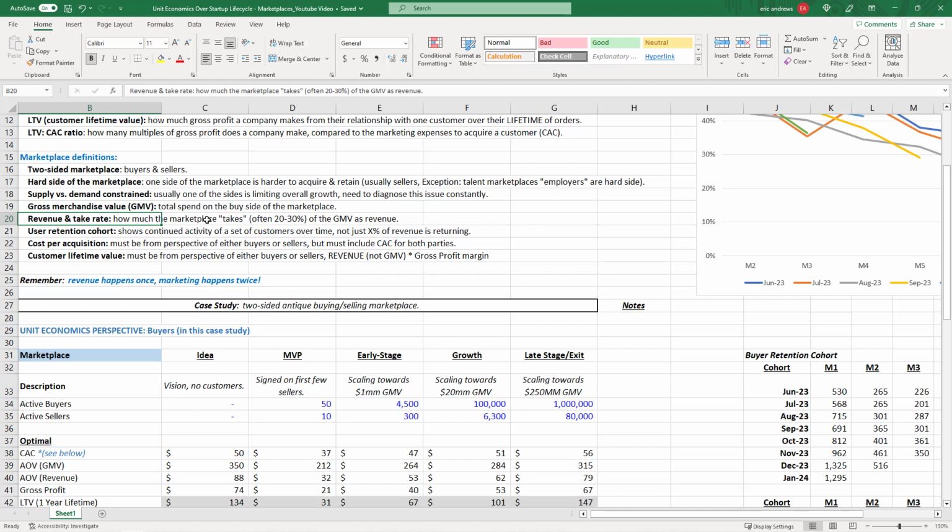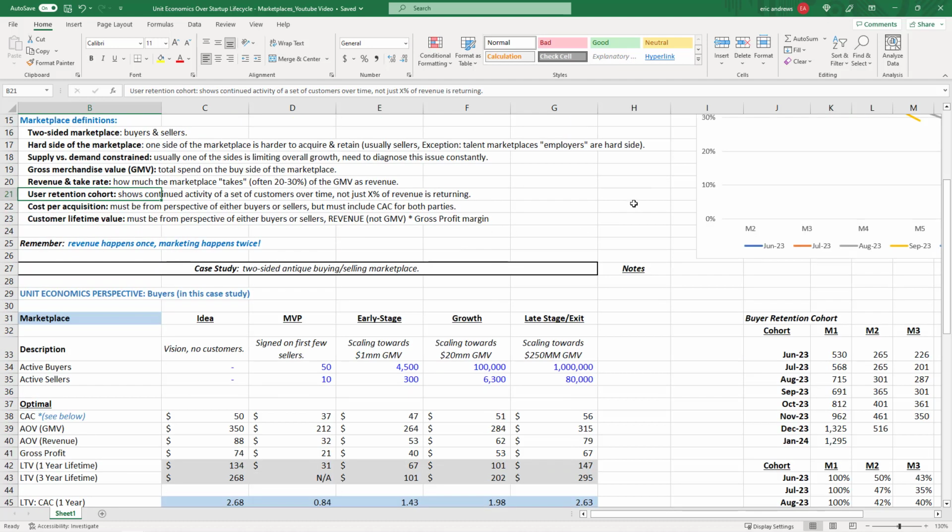Usually marketplaces take around 20 to 30% of the GMV as revenue. So if you go to Airbnb and you book a place, Airbnb might take about 20% of the total booking for themselves to run the software platform, and then the seller of the Airbnb takes like 80%. So our revenue is not the GMV; it's the percent that we actually take back to the company.